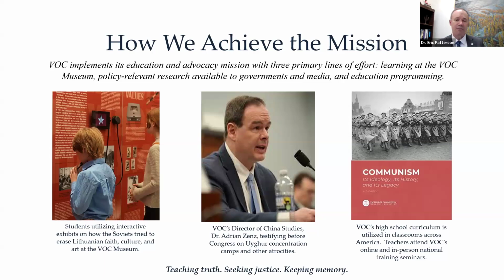It is a place for students and for families and for educators to come and to receive an accurate history of the ideas of communism, about the fight for freedom that happened in so many places, whether at Tiananmen Square in 1989, or in the Baltic countries, or Poland, fall of Soviet communism, etc. We feature all of that here at the museum.